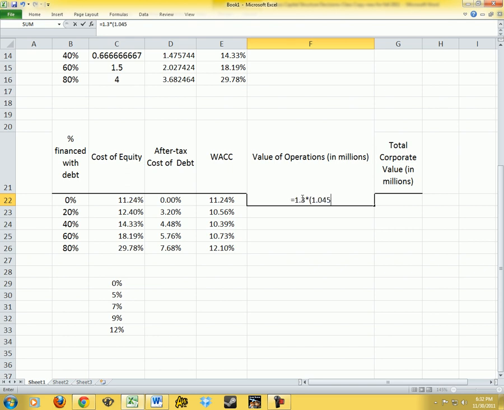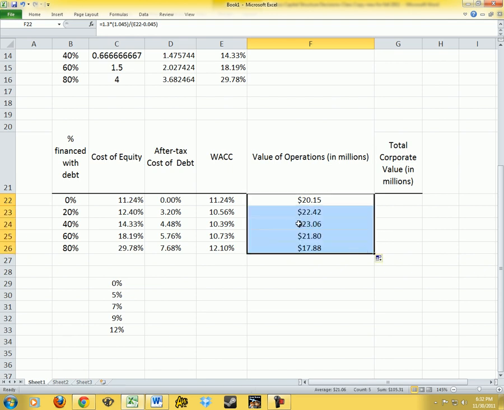The growth rate was 4.5%, divided by, in this case, we're going to go over here, the weighted average cost of capital minus the growth rate of 0.045. And so we get a value of operations of 20.15 million.